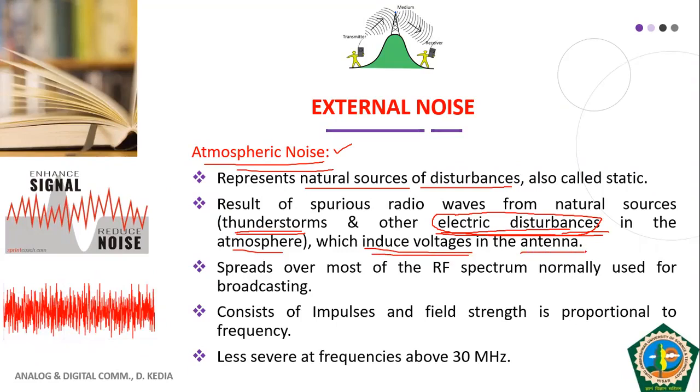If we have a receiver, in that receiver we have an antenna, and the job of the antenna is to convert the radio frequency signal into an electrical signal. The spurious radio waves present in the atmosphere, due to natural sources of disturbances, induce voltages in the antenna, and those voltages interfere with our desired signal.